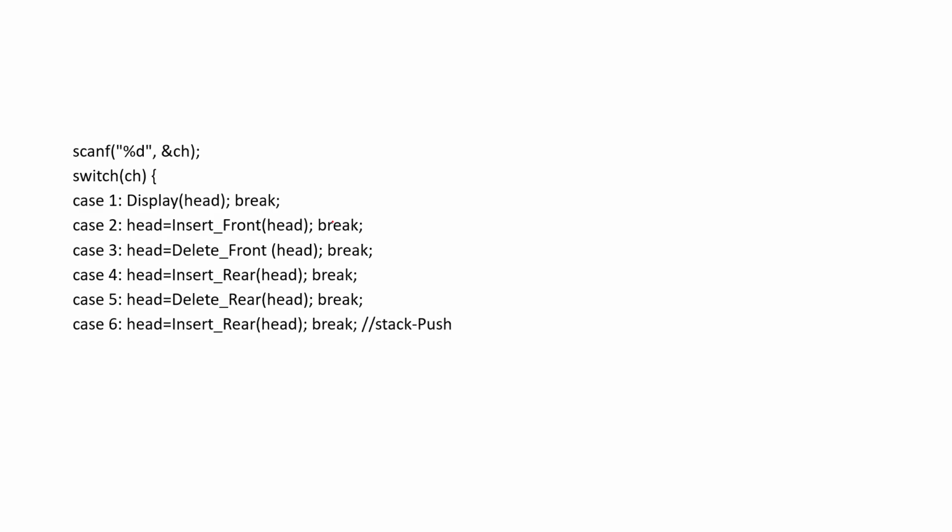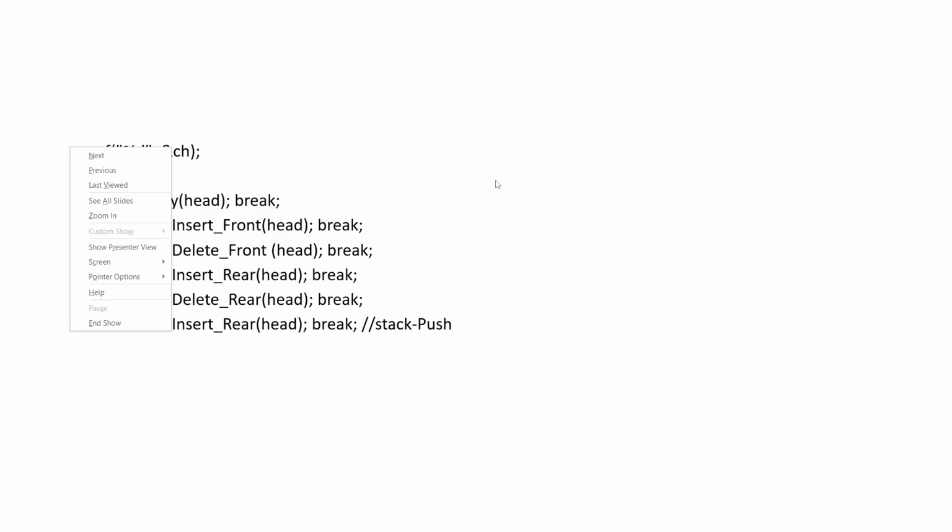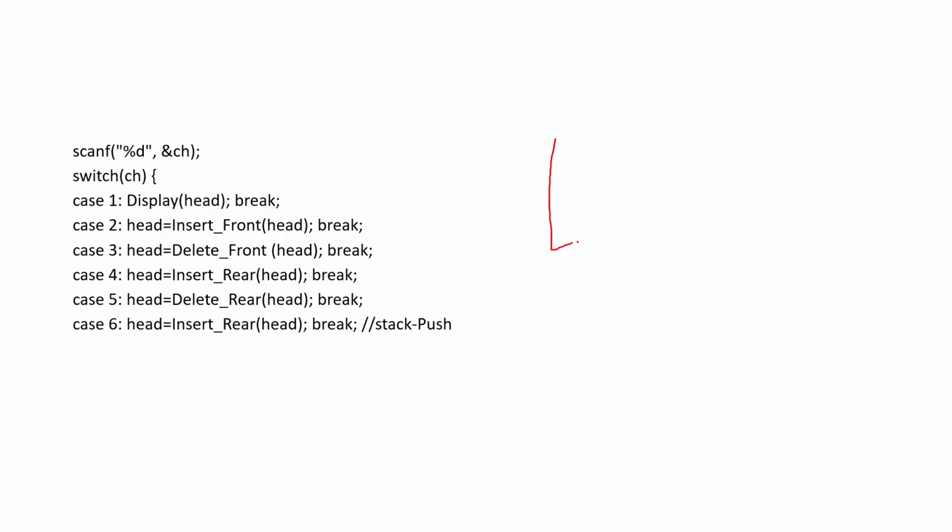Now stack push operation. Okay, I will indicate this is my stack. I will indicate that with the help of linked list.